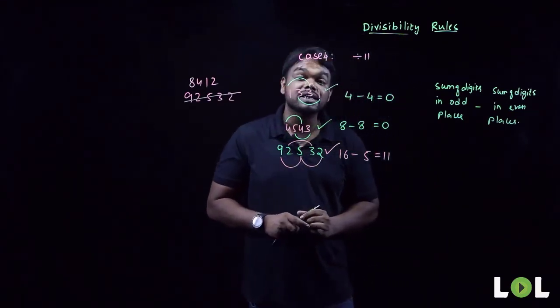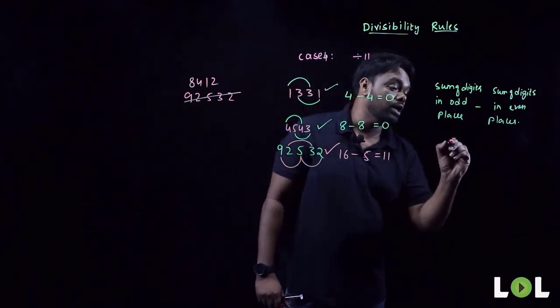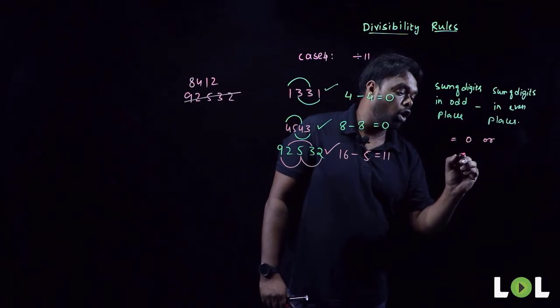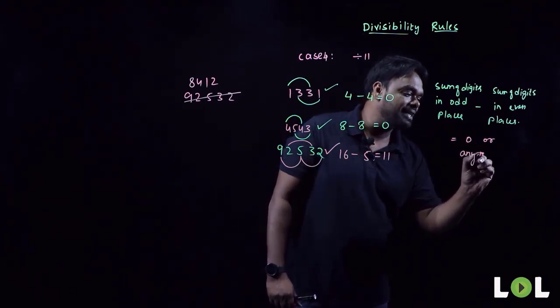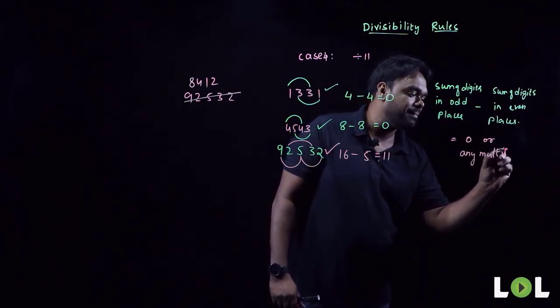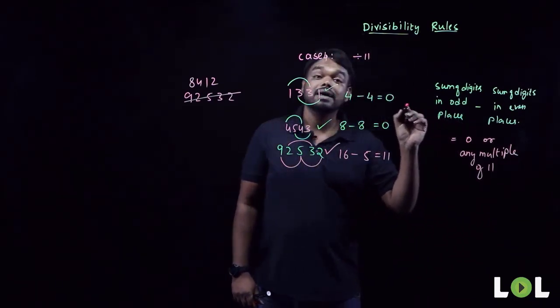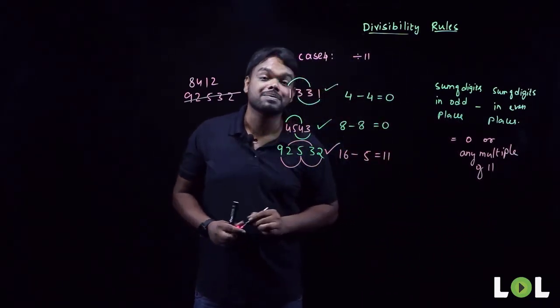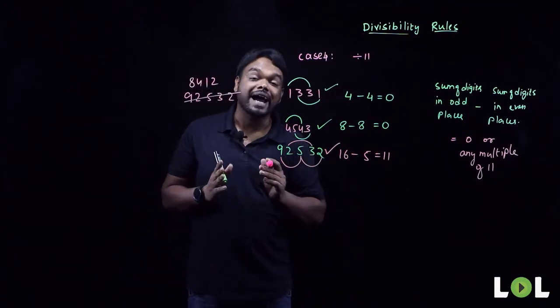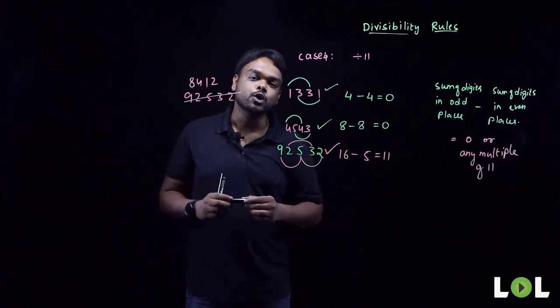Now this difference must be equal to 0 or any multiple of 11. Then that number must be divisible by 11. So this is the end of our divisibility rules.